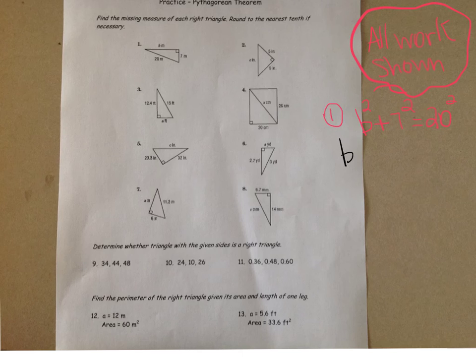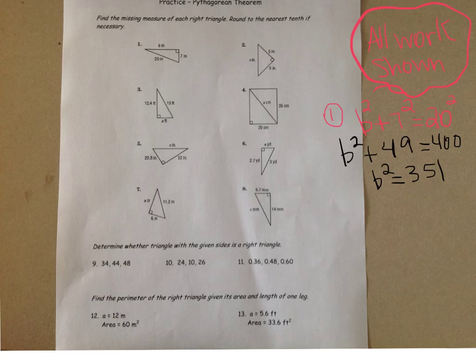So now I'm going to simplify. B squared plus 49 equals 400. Minus 49, b squared equals 351.